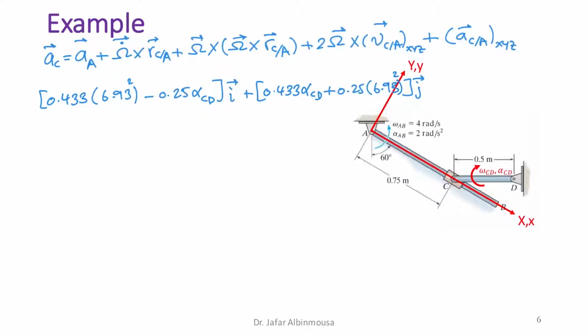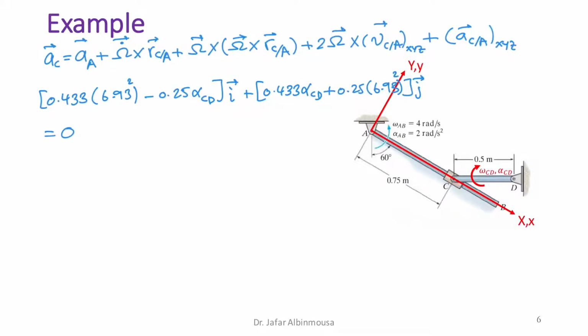So again, 6.93 is omega CD. All of this is equal to 0.